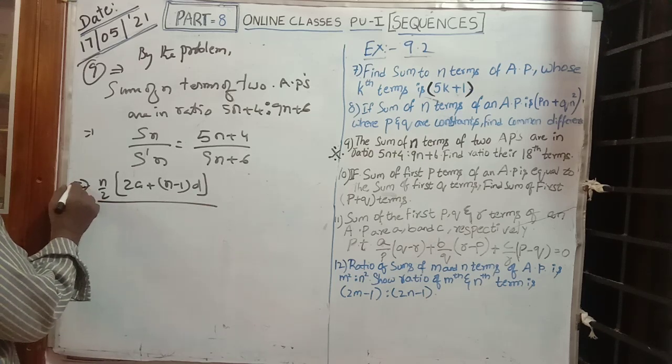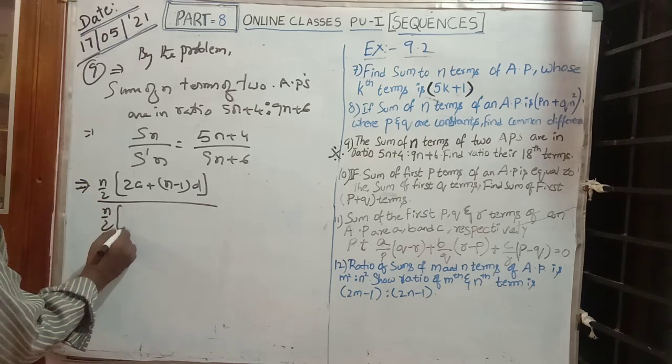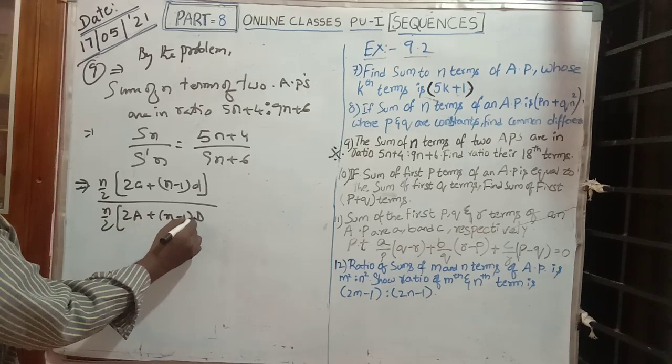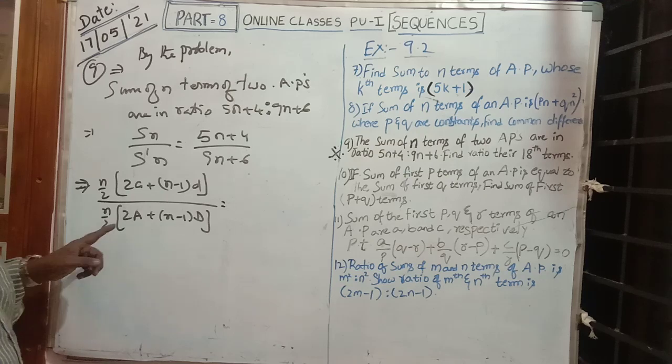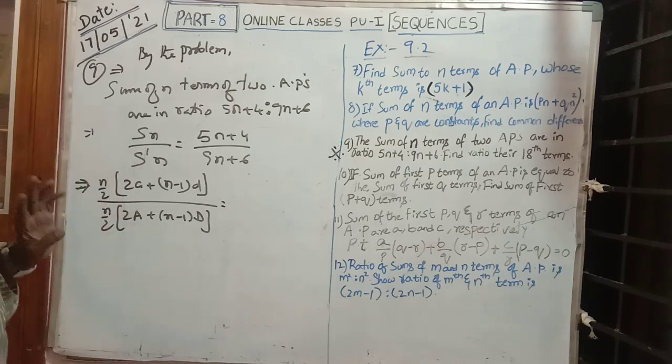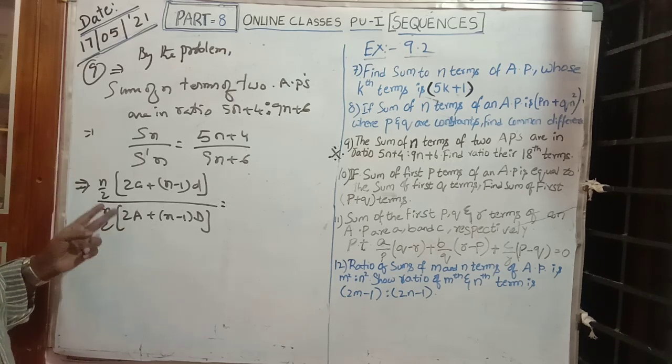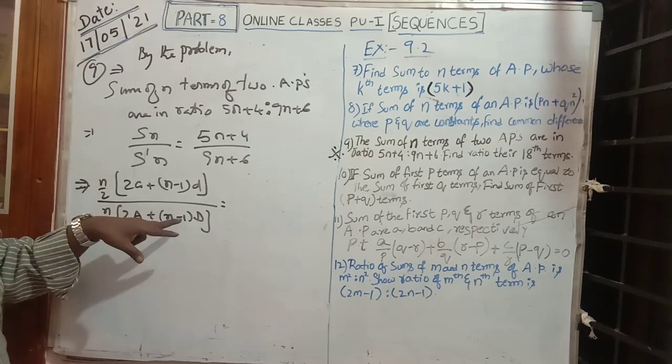And this one is n by 2 of 2 capital A plus n minus 1 into capital D, which I am writing because there are two different APs. The first AP is a plus d plus a plus 2d plus, like that.